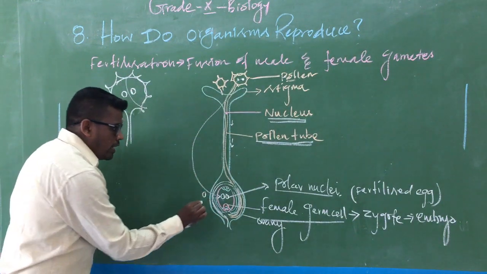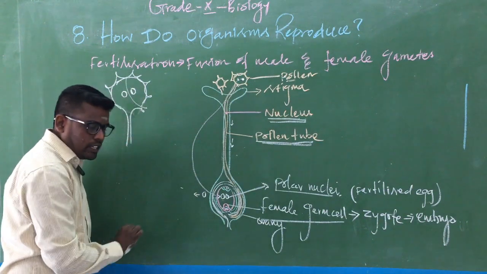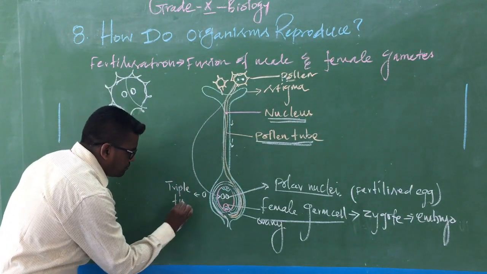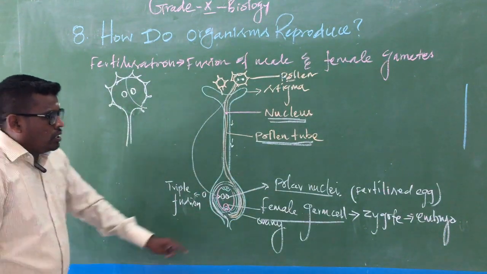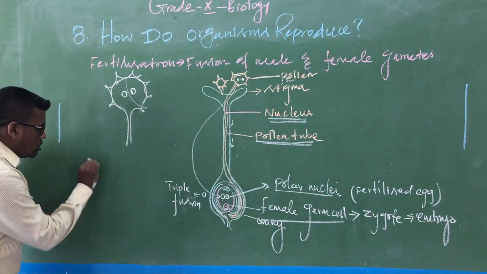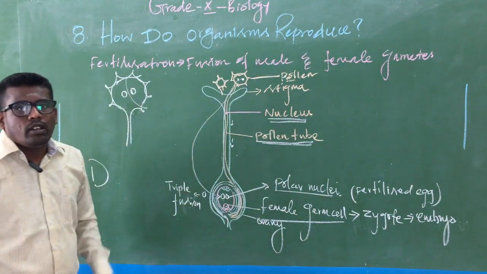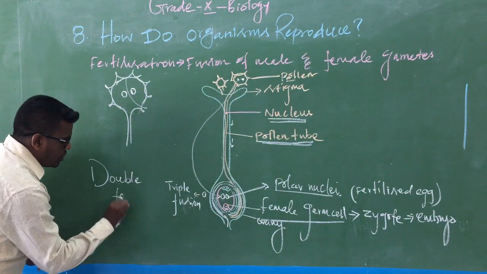How many nuclei are there? 1, 2, 3. So totally three nuclei are there. This is called triple fusion. This occurs in the ovary of the same plant. This is called double fertilization.